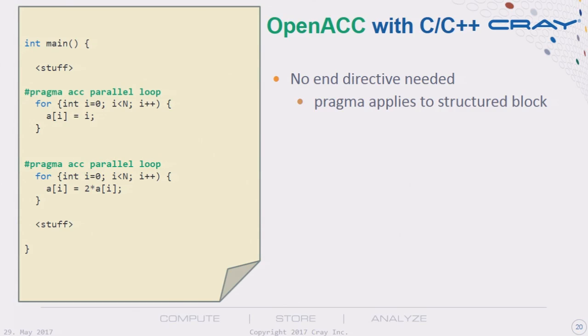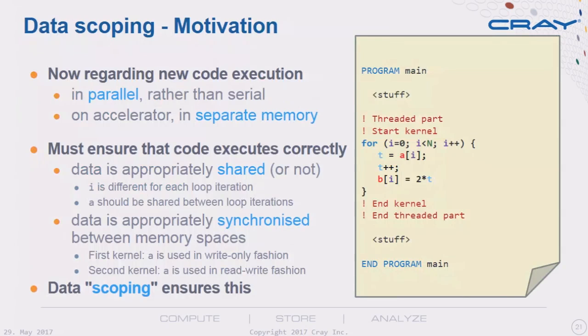But another important thing is data scoping. When we have our code with parts which are serialized on the CPU and parallelized on the GPU, and we need to transfer data, we have to take care of how the data is transferred, and then on the parallel side, so on the GPU side, we also need to take care of how the data is shared or private within the threads.